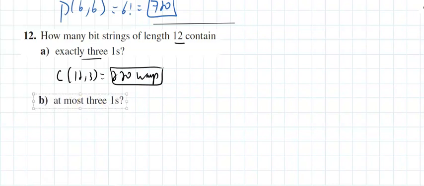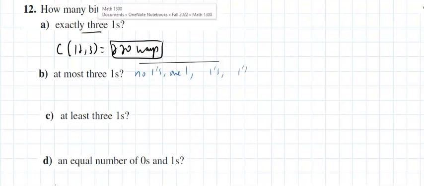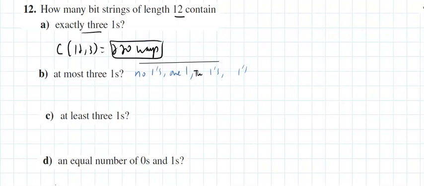Okay, how about B? At most 3 ones. At most 3 ones, that means no ones, 1 one, 2 ones, or 3 ones. Now, you know what? We should write it so it mixes things.